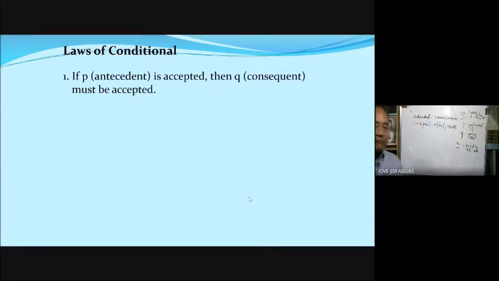So when you say if-then, if this reason is accepted, then the effect or the result must also happen.